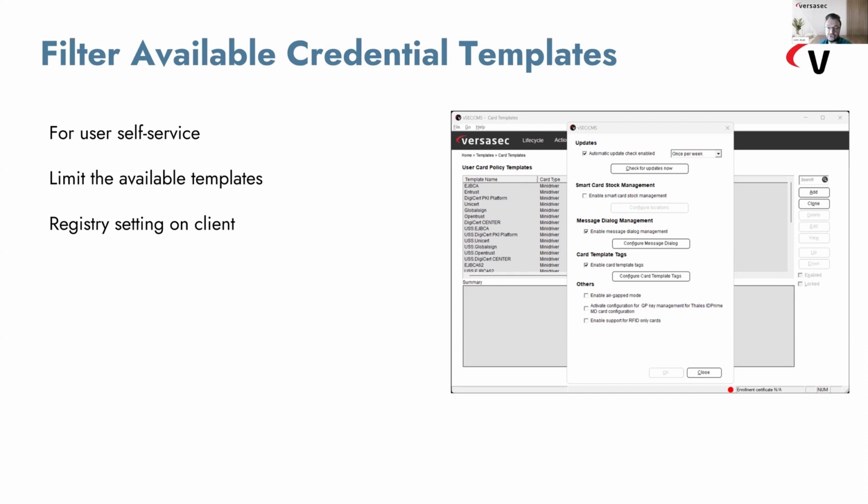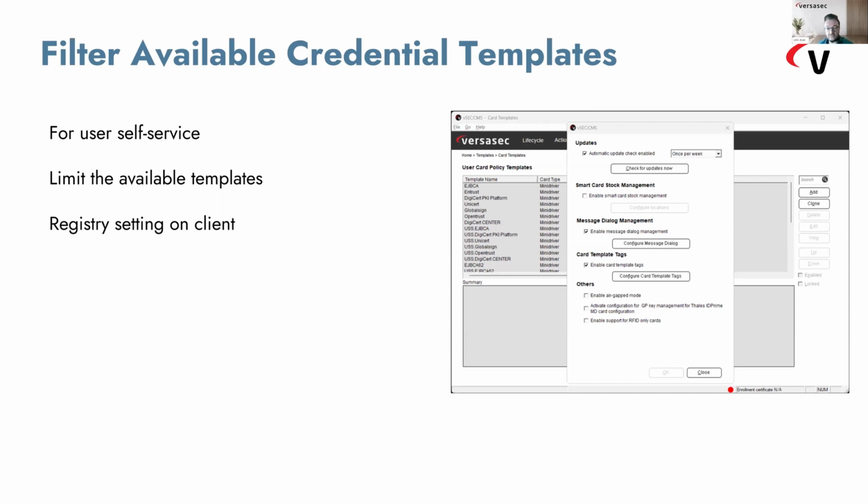Now, you could potentially have multiple templates in Versasec CMS enabled for self-issuance. In that case, on the end user side, the end users in our self-service application would see those different templates, even ones that may not apply to them.